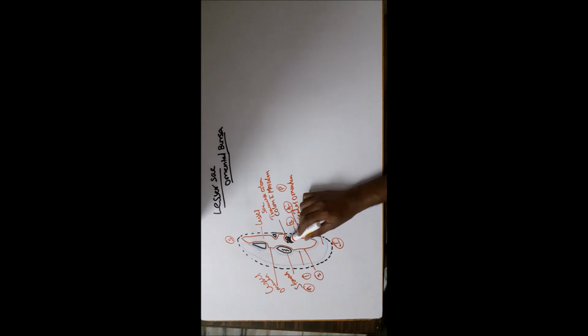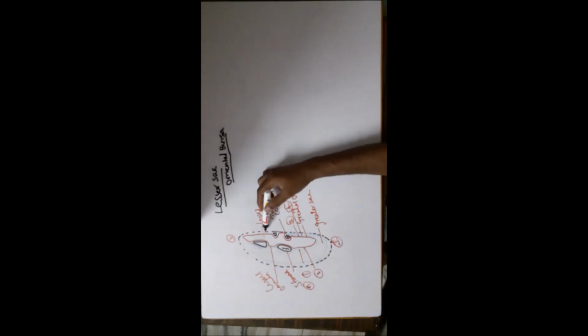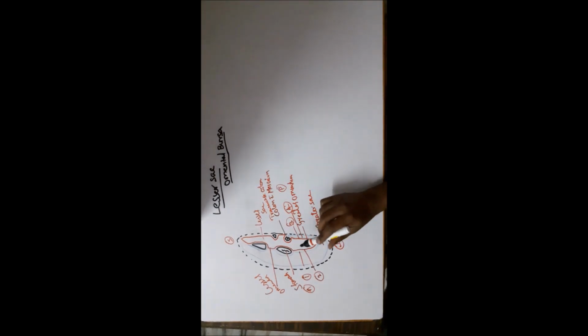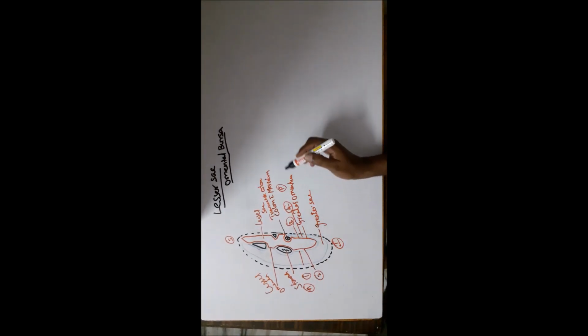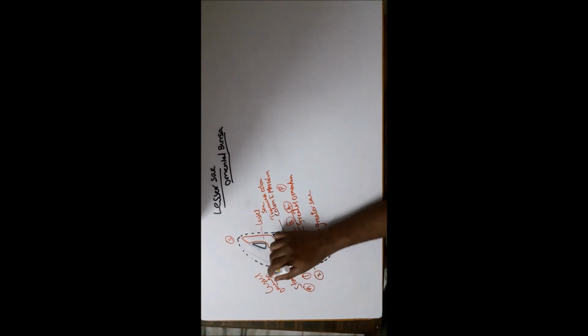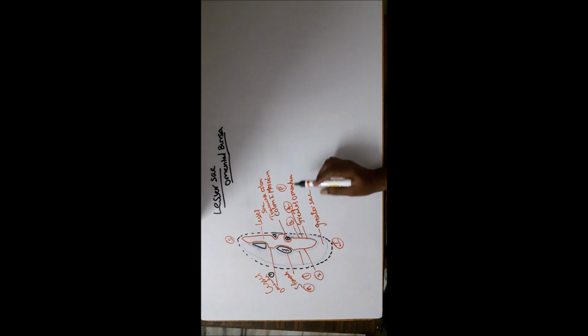Then the peritoneum which is lining the anterior surface of the transverse colon and the anterior layer of the transverse mesocolon. Then it continues and covers the pancreas, which is a retroperitoneal organ, then goes upwards and again goes to the diaphragm.